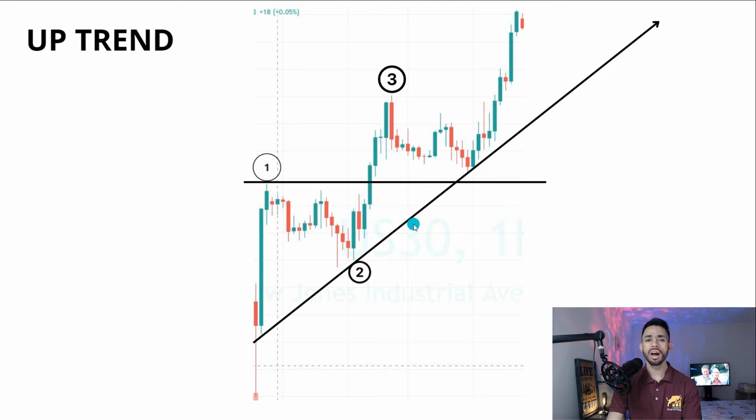Okay, so how do we recognize these impulses and corrections? Simply, you can call number one an impulse and number two a correction. Simple as it could be, impulses are always strong. They're quick.